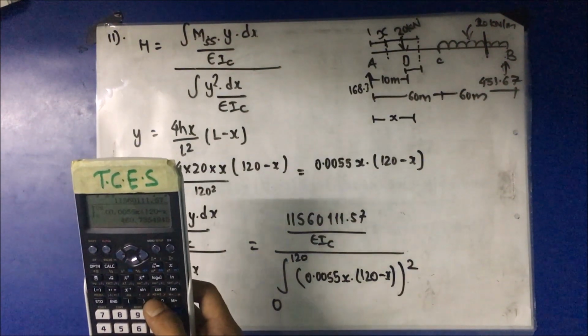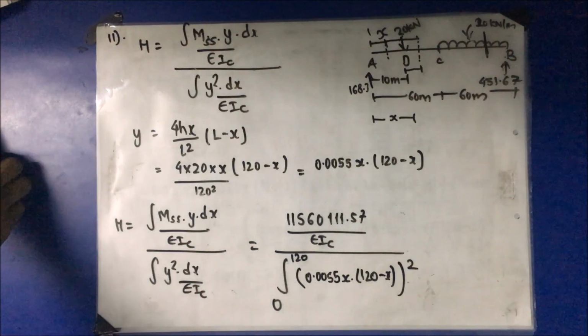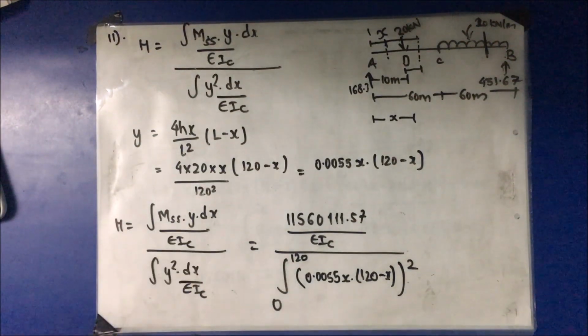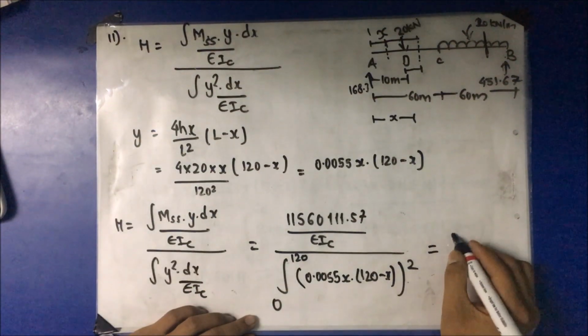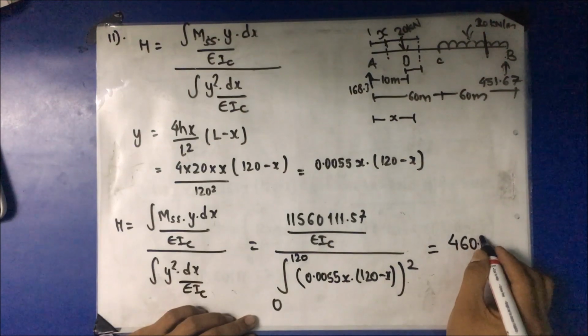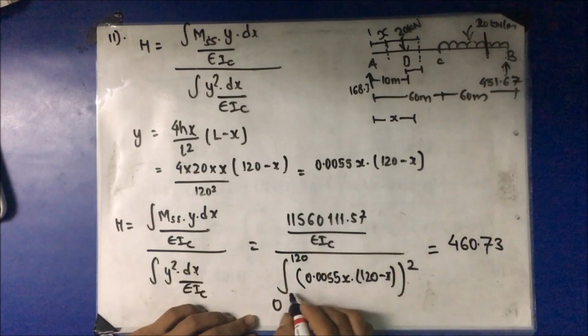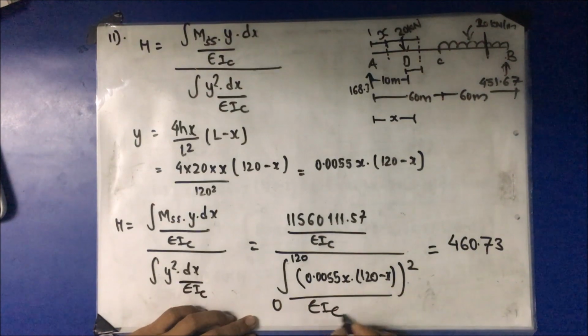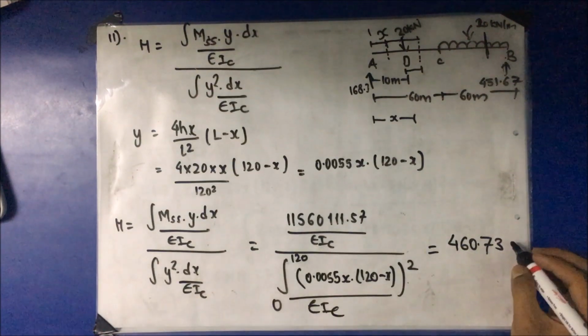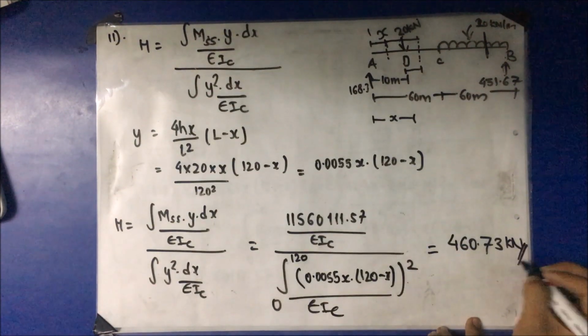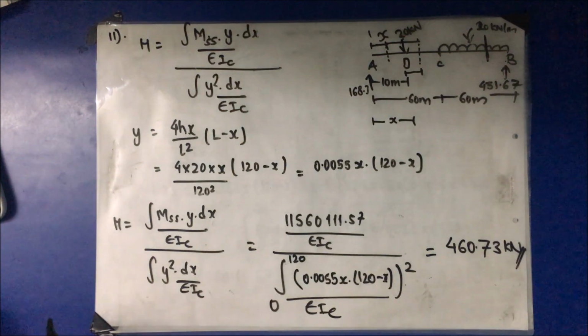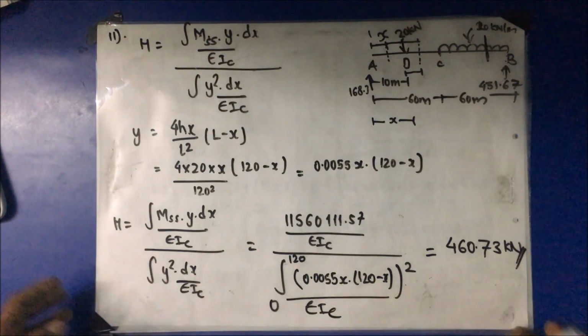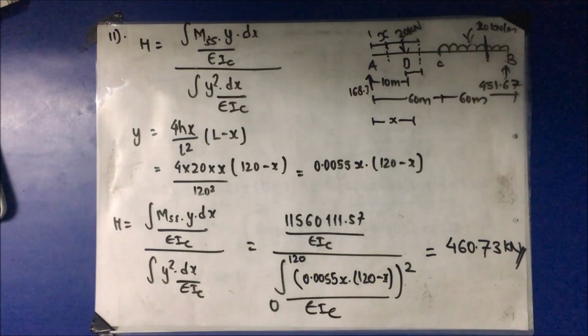So it is 460.73. We have EI_c here also, it will cancel out, so 460.73 kilonewton. This is the horizontal thrust. Next, for normal thrust, bending moment, and radial shear.